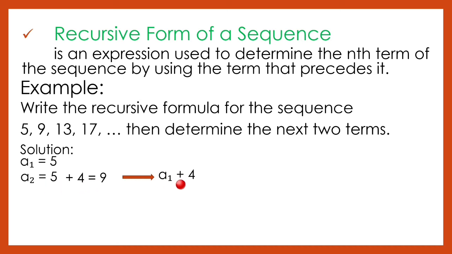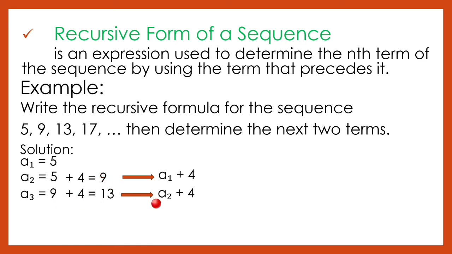Then, for our third term, which is 13, ano yung i-add natin dito sa a sub 2 para makuha yung 13? That is also 4. So, we have a sub 3 equals 9 plus 4, which is equal to 13. In general form, 9 is our a sub 2 plus 4.